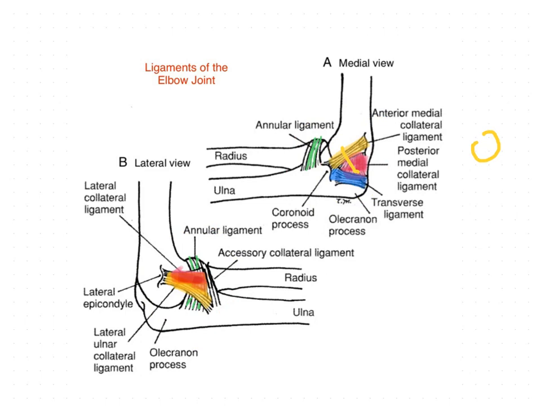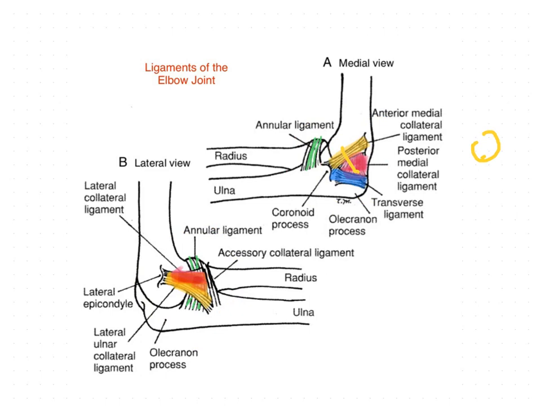And this shows the enthesis of the medial epicondyle, which is fused with the common flexor tendons, as well as the humeral articular cartilage, where the ligament wraps around the articular cartilage at the edge of the trochlea.